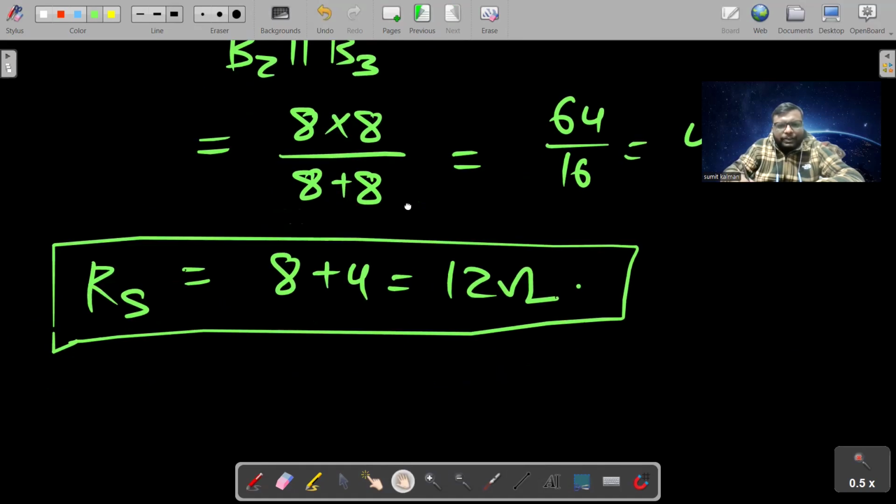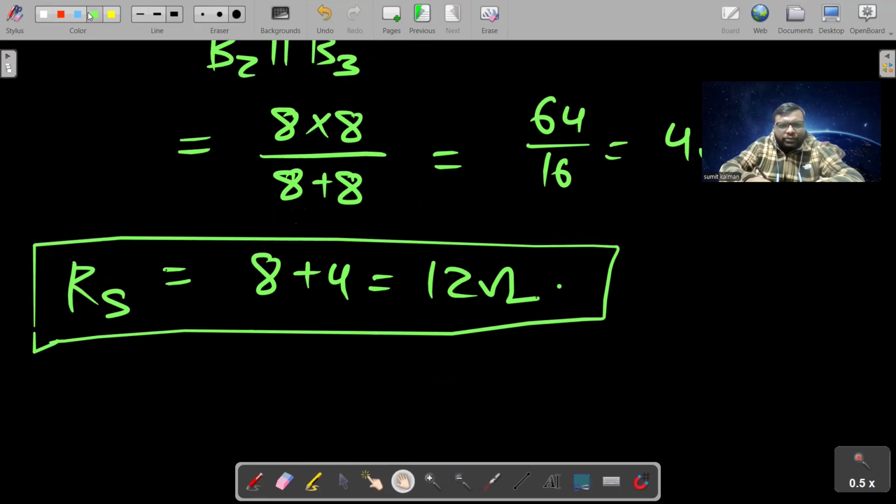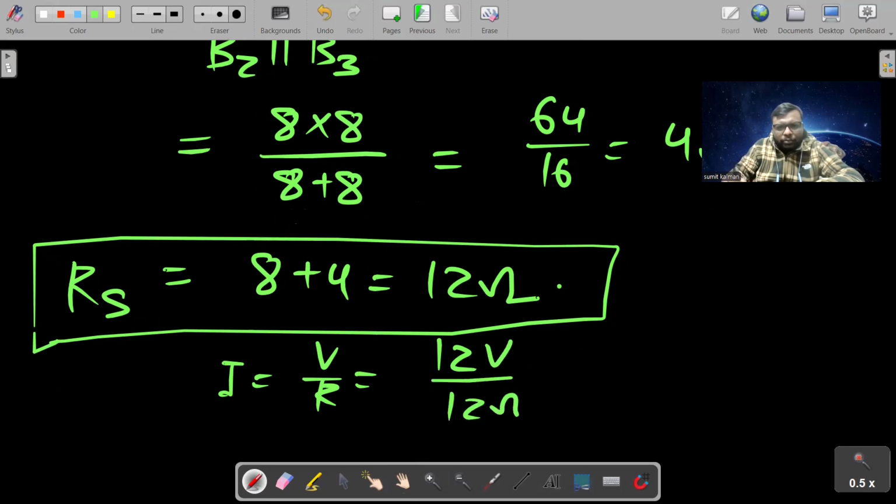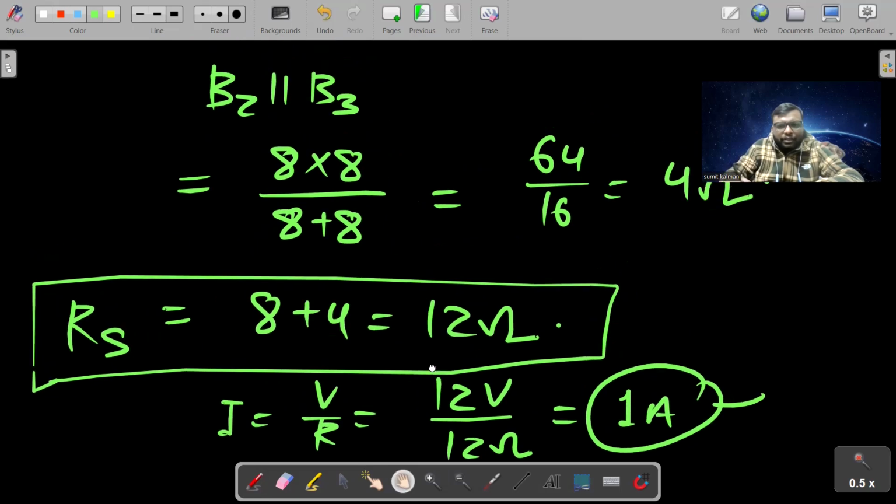And students, as we all know, I is equal to V by R. V is 12 volt and resistance is 12 ohm. So here it will become 1 ampere. So the current drawn from the cell is 1 ampere.